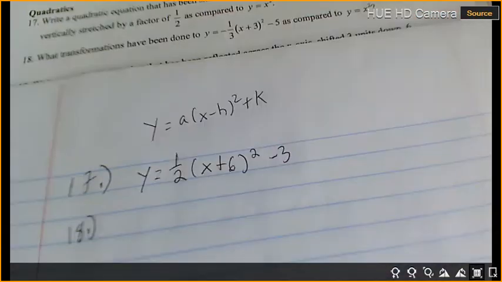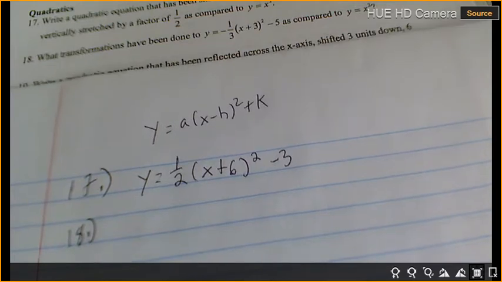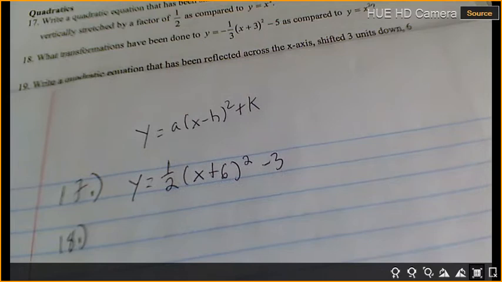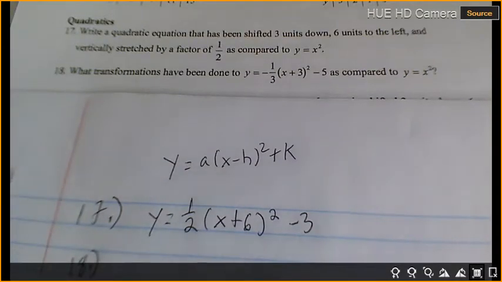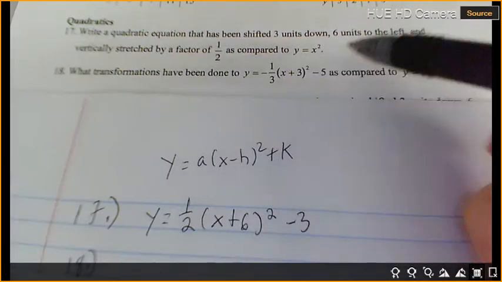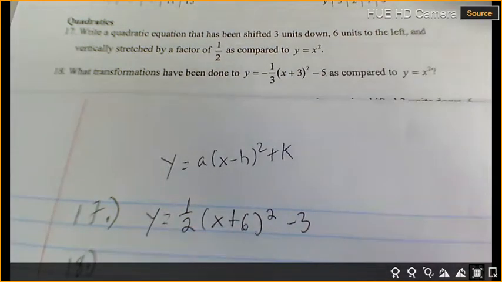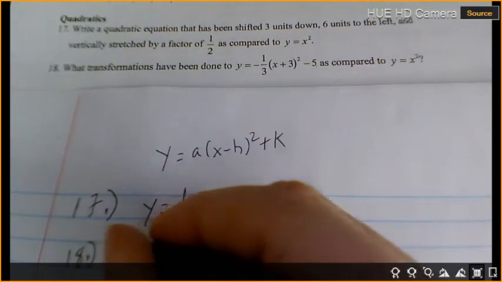18 says, what transformation has been done to y equals negative 1/3 times x plus 3 squared minus 5 compared to y equals x squared. So what happens to this? It shifted. How did it shift? Down how many? 5. So it's down 5.